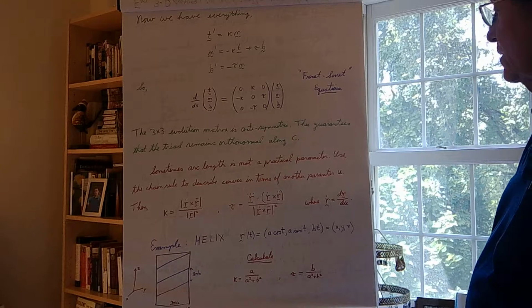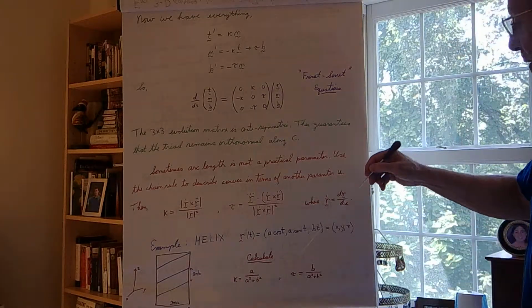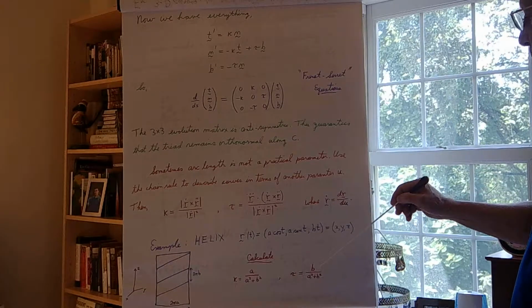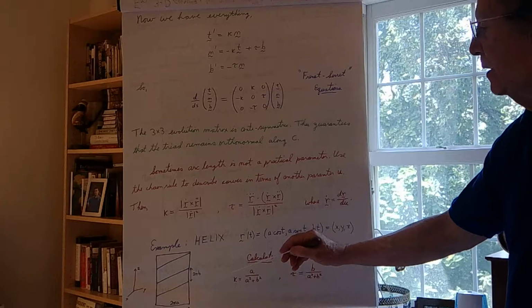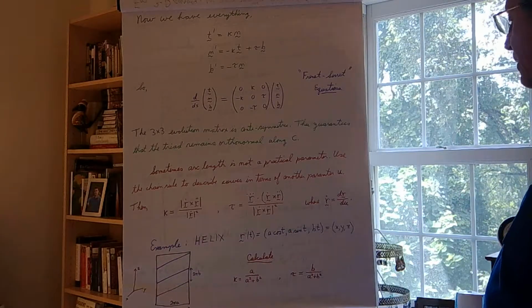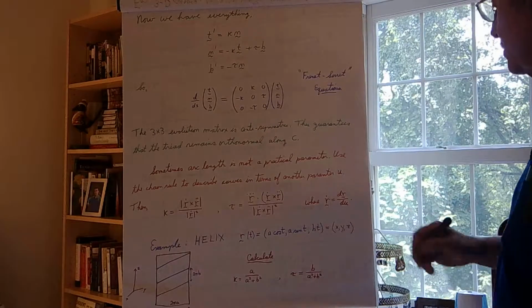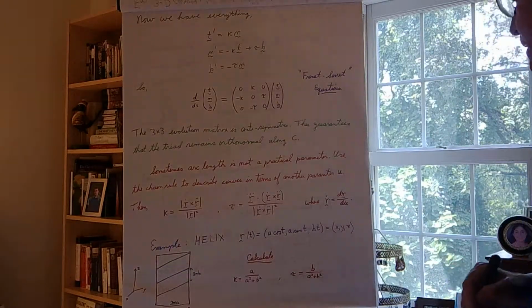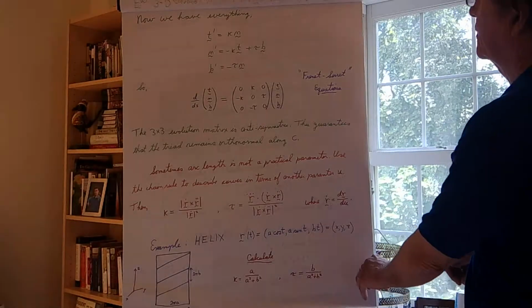It involves both of the parameters here. In particular, the torsion itself is proportional to b, okay, because b, you see, tells you how rapidly it rises out of the xy plane, and then it's normalized by a squared plus b squared again. So there's the torsion and the curvature.